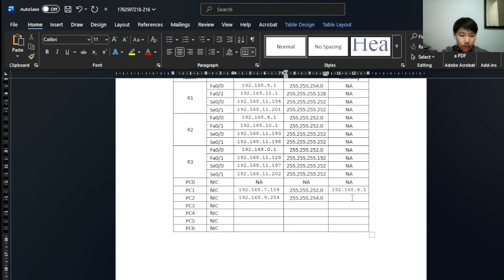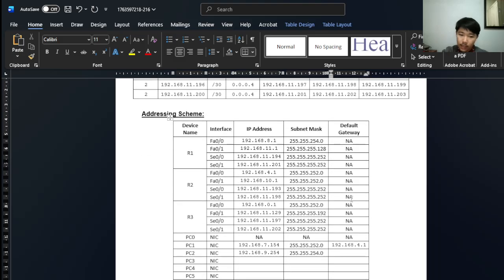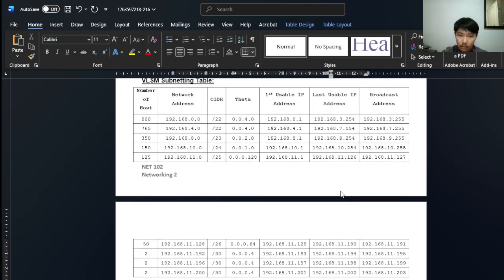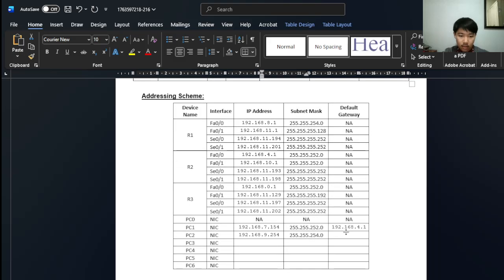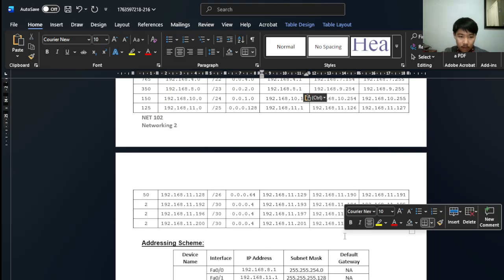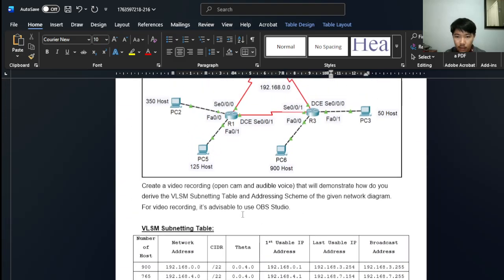For the default gateway, we'll just get the first usable IP address of 350 hosts, which is 192.168.8.1. So the same pattern for the PC3. Let's look for the PC3.